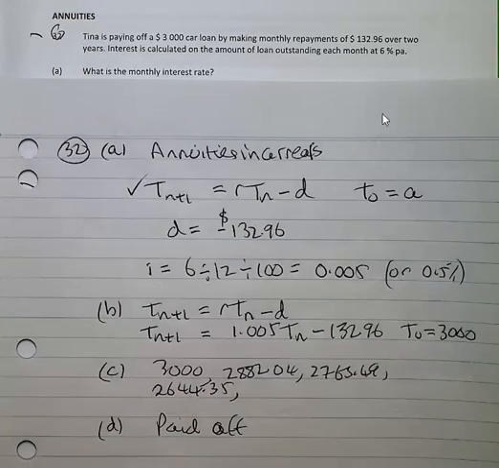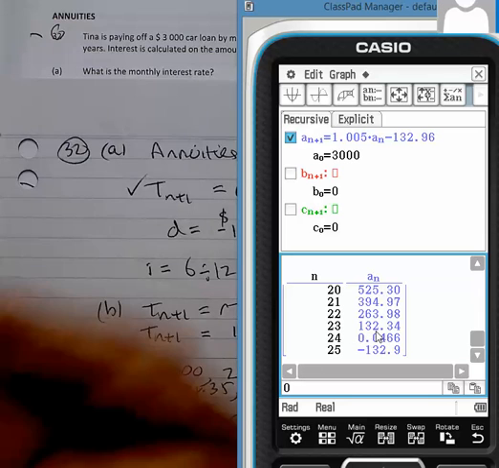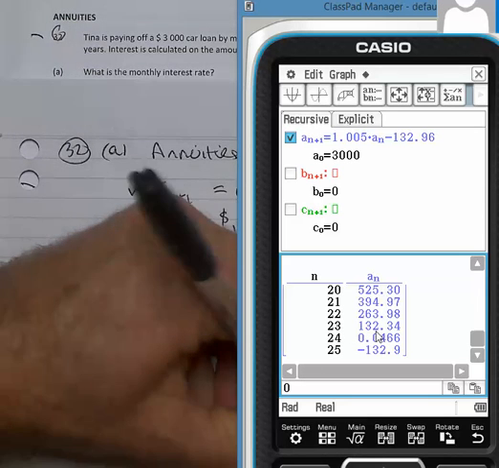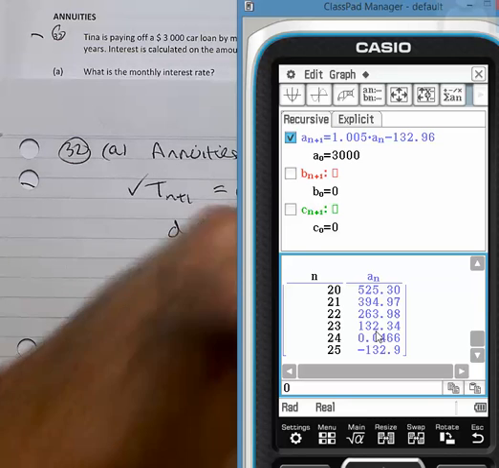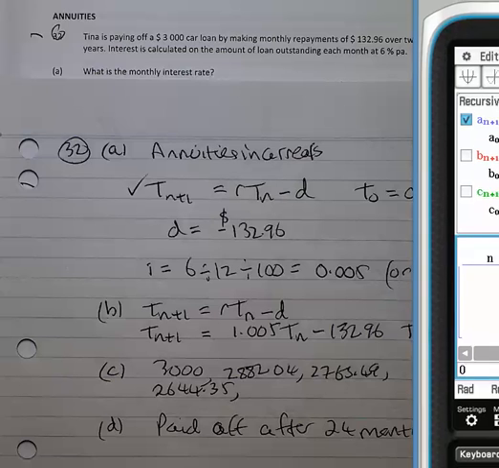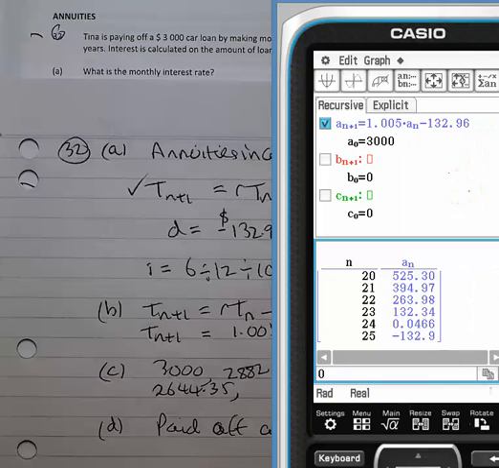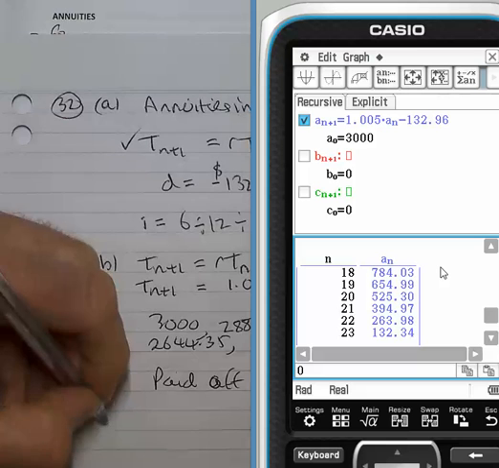Let's bring that calculator up. Quite nicely, it's paid off after 24 months. So it's a relatively short-term loan. Now, if we want to see what's left after 18 months, we'll just scroll back up. After 18 months, there's $7.84 remaining.